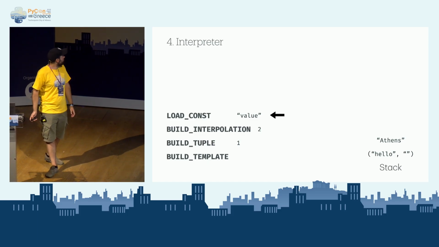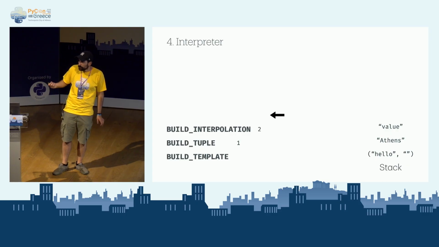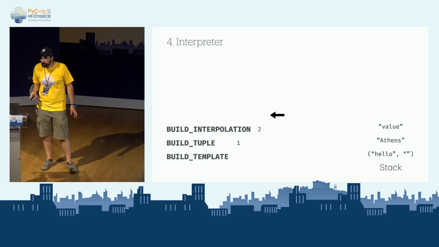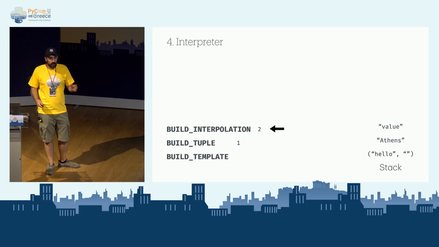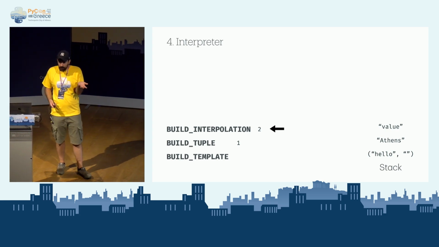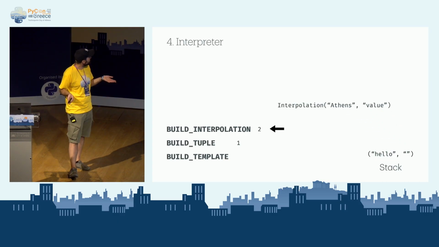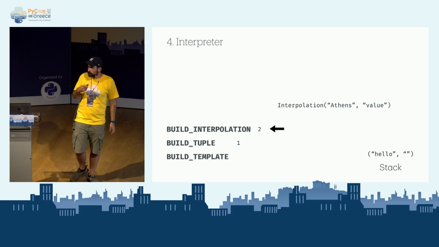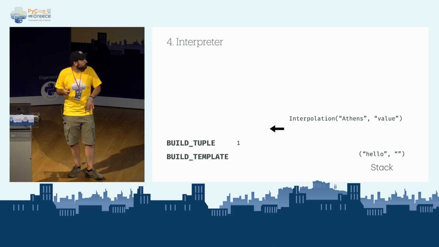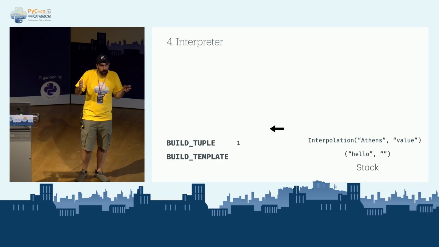so we load that onto the stack. Then we load another thing, the constant value. So we now have three things on the stack, and then build interpolation 2. The 2 is actually the amount of things we should pop before building the interpolation. So what happens here is we build an interpolation object with 2 values, and then we push that interpolation object onto the stack again. So every bytecode is very elemental.